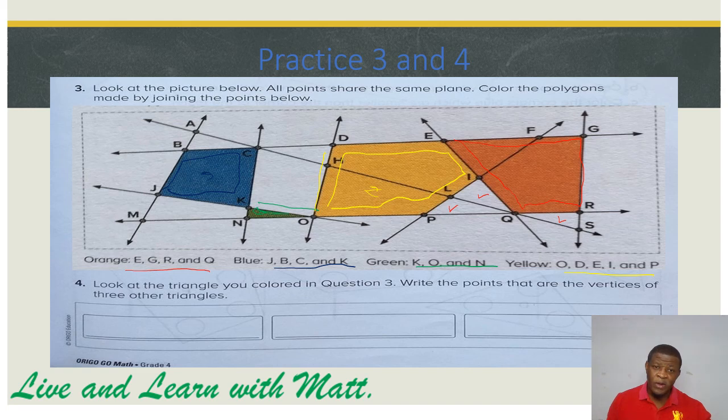We have so many triangles, so you can pick any. I'm just going to write random ones: J, O, and M; P, L, and O; F, L, and C. There are more anyway, so you can change it, but make sure it's a triangle.